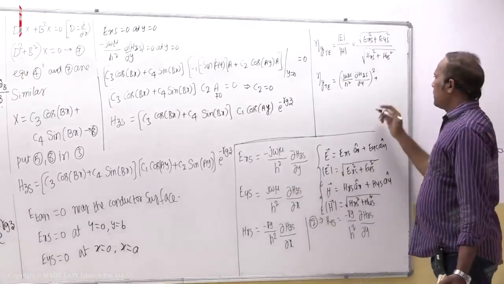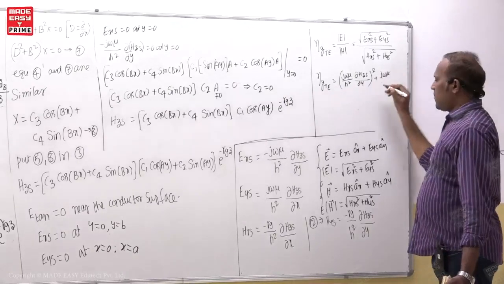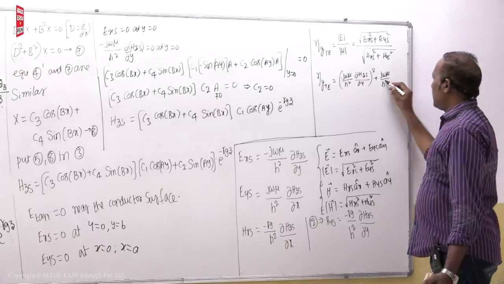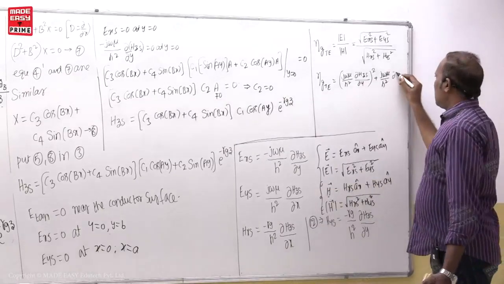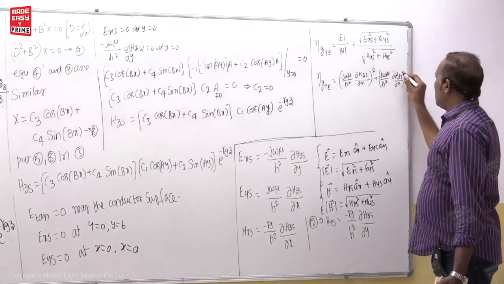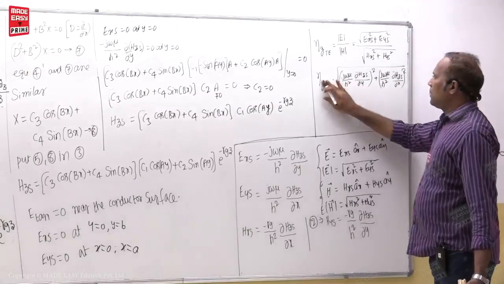EYS means this one: j omega mu by h square, and then dou HZS divided by dou x, whole square, under root.